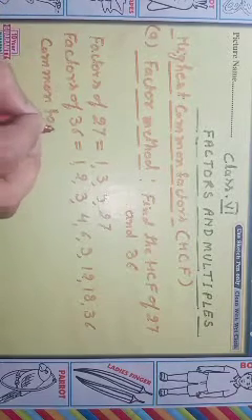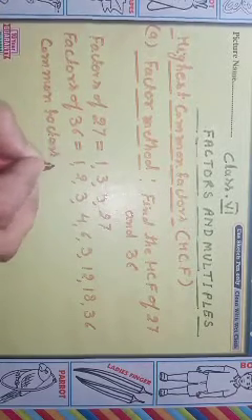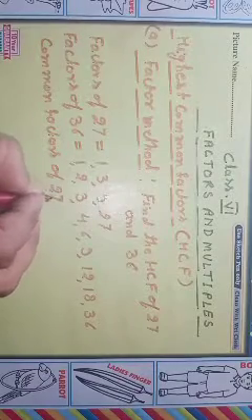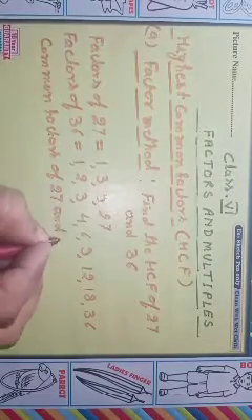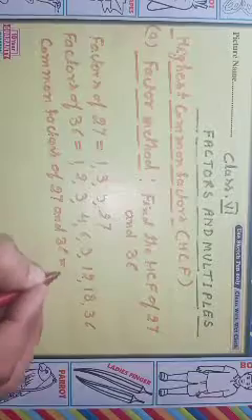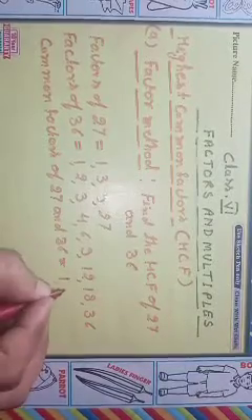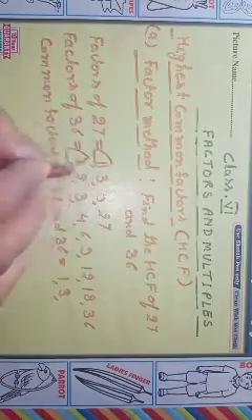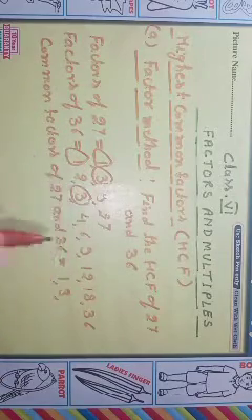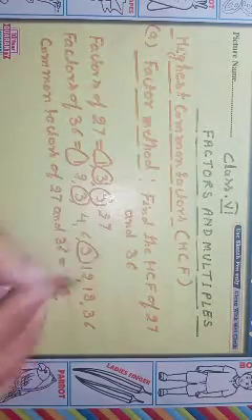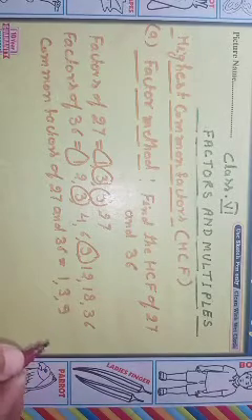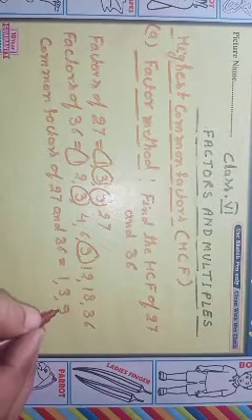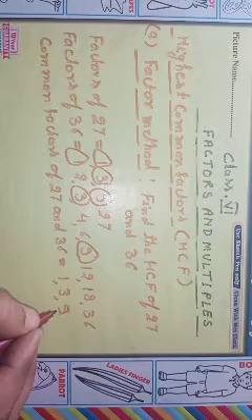Common factors of 27 and 36: 1, 3, 9. Now the highest common factor is 9.